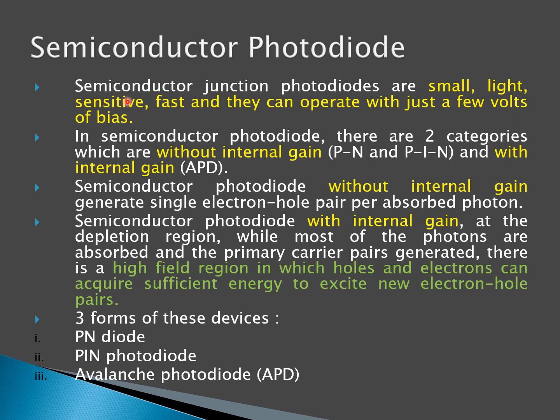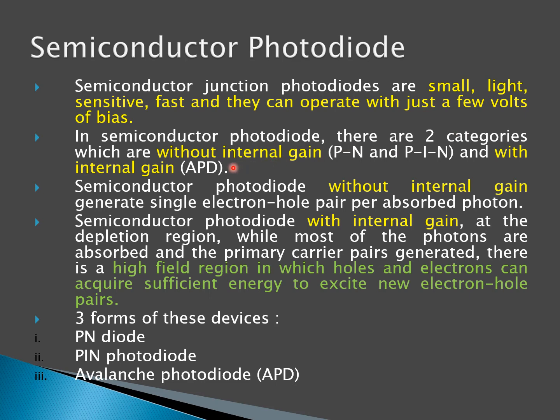Let us look at the semiconductor photodiode. Semiconductor junction photodiodes are small, light, sensitive, fast, and they can operate with just a few bias voltage. Basically these are the advantages of using semiconductor photodiodes. In semiconductor photodiodes, there are two categories.